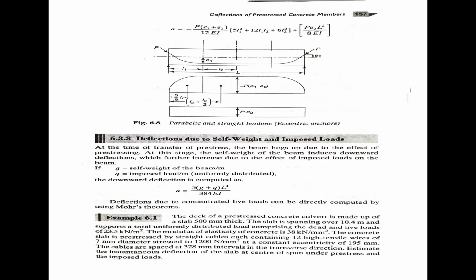Now write the data for this problem. Given data: for any problem, write it first. Thickness of slab equals 500 mm, width of slab 1000 mm. 1000 mm means we assume a meter width for this concrete slab.